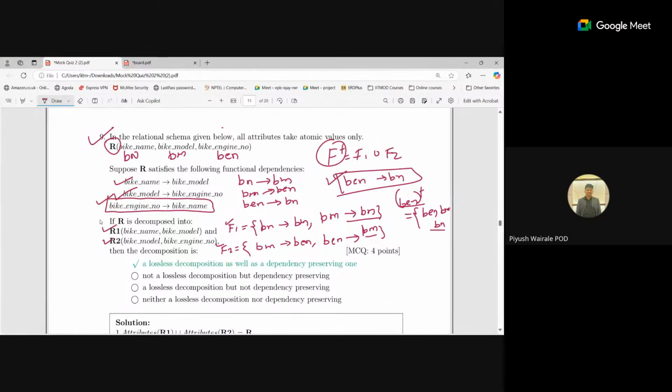This is remaining now. For this FD only I have to check. Otherwise all are preserved. But in F1 you have written bike model determines bike name. From here, bike model determines bike engine number also. So bike engine number will determine bike name. Here we just have three FDs, so that's how we can easily determine.